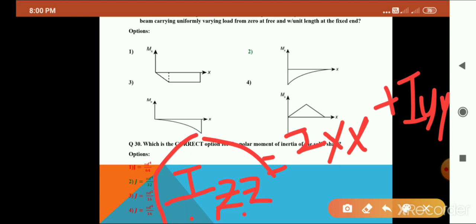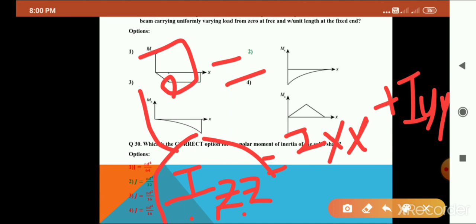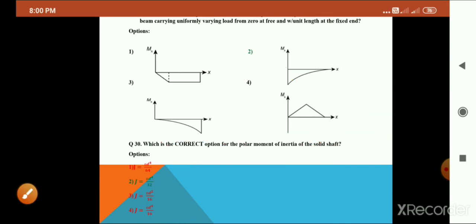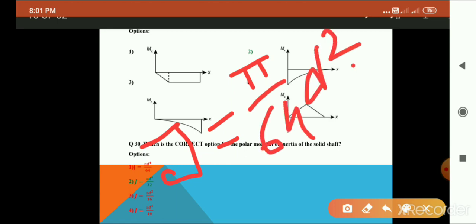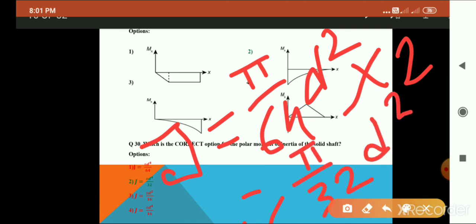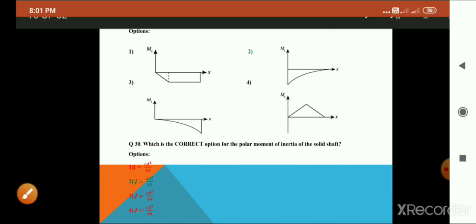IZZ is also called the polar moment J. So for a shaft, IXX equals pi by 64 d to the power 4, and IYY also equals pi by 64 d to the power 4. So J is pi by 64 into 2, and finally we will get pi by 32 into d to the power 4, which is option 2, the correct answer.